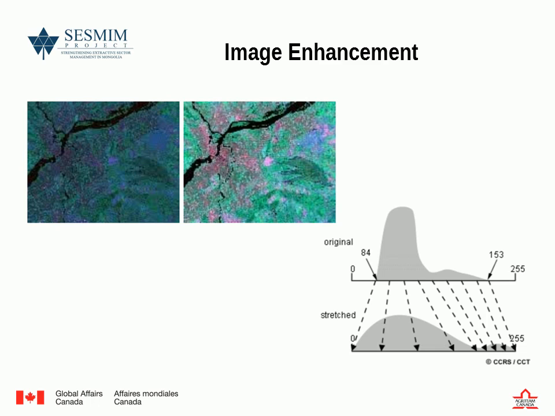As an example, the histogram goes from 84 to 153, so it's kind of narrow. If we enhance this, what they're doing is taking the two endpoints, 84 and 153, and stretching them. So they want to use the whole range of the color, rather than just a small range. This is not exactly what's happening there, but that's the idea.